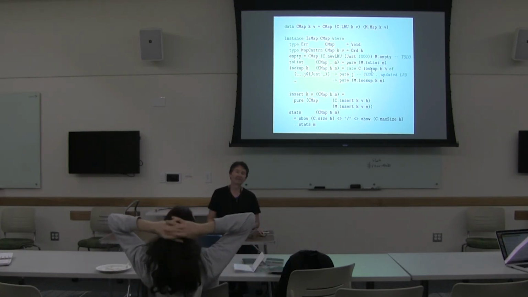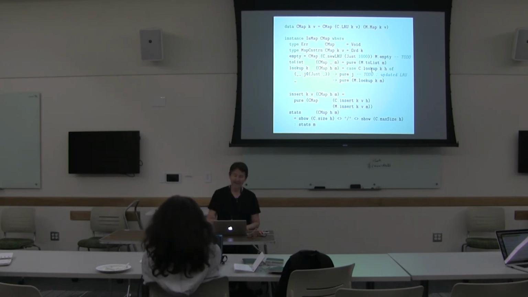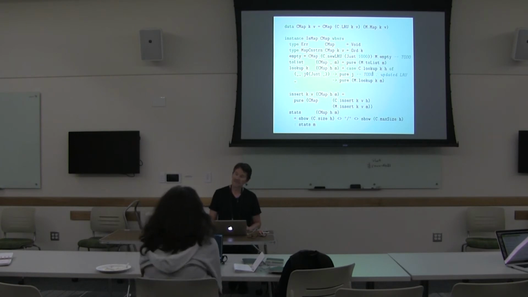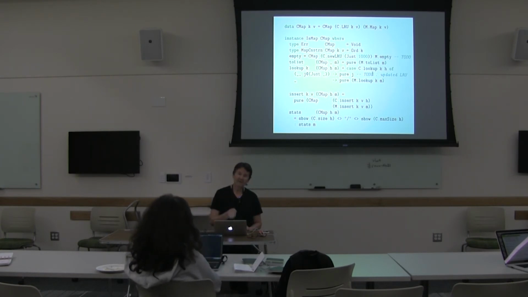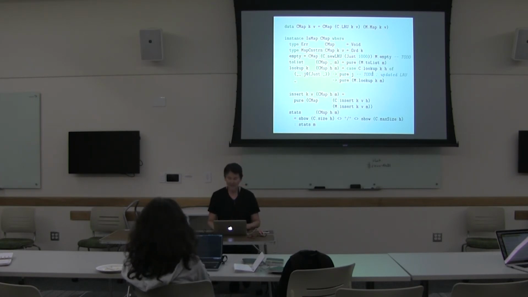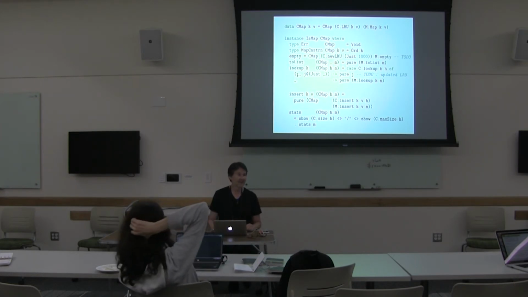I'm cheating on this. When you're doing a lookup on a key, you are touching that key. That means it's the most recently used key. So if you've got a cache infrastructure, it's probably going to move that, however it's keeping track of things, and say this is the most recent one, so the least recently used one is now closer to the end. This particular cache implementation returns both the value and the updated cache.